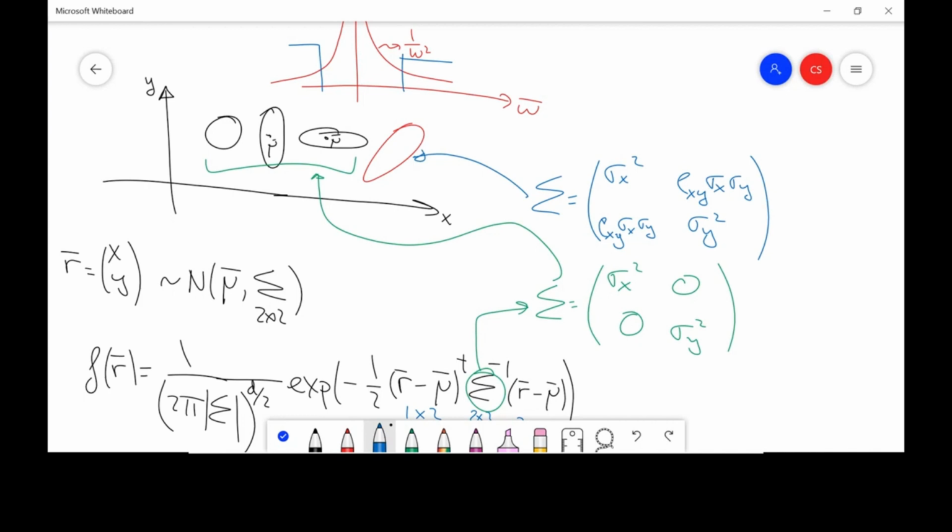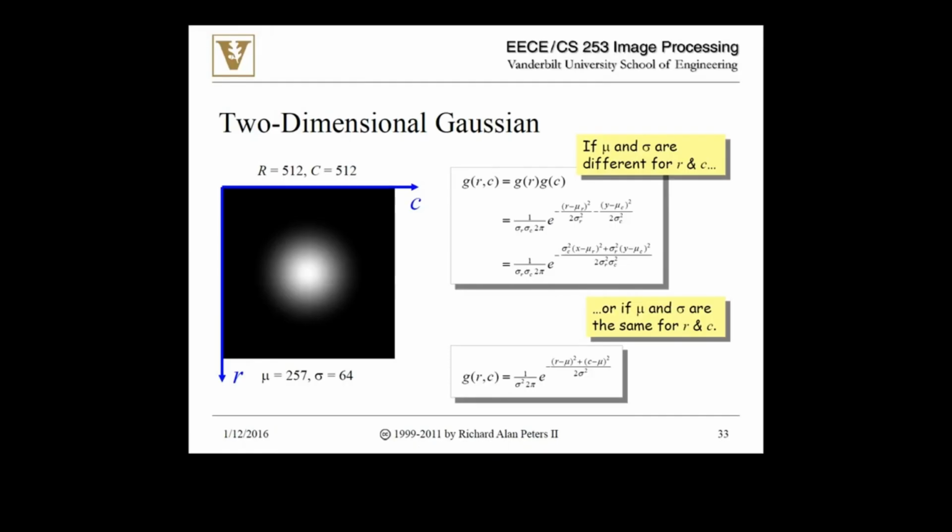Now you can have Gaussians in any orientation. You are not constrained to construct Gaussians that are circular or aligned with the axis, but you can orient them in any arbitrary direction. This is very useful to make directional analysis.